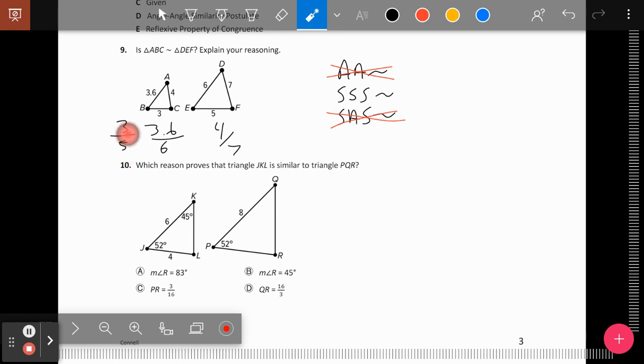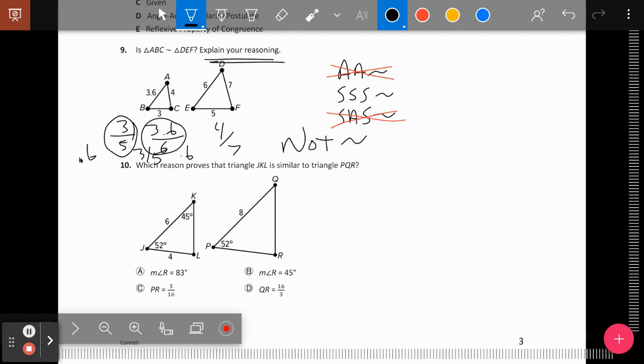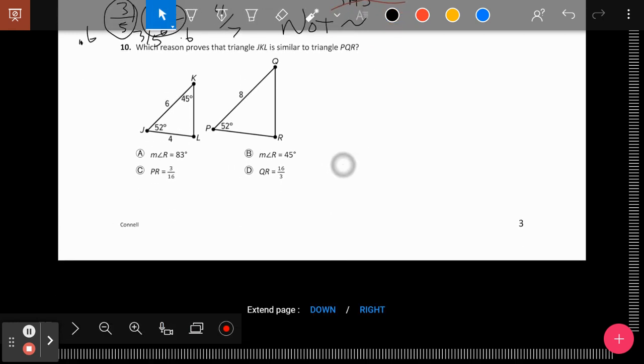And I would math and enter these: this is 0.6 or 3 over 5. And this is going to be 0.6 or 3 over 5. So those two are the same. But you math and enter this one, and it's different. All right? And so not similar. And it says explain your reasoning, but remember, the work is the reasoning in math class.